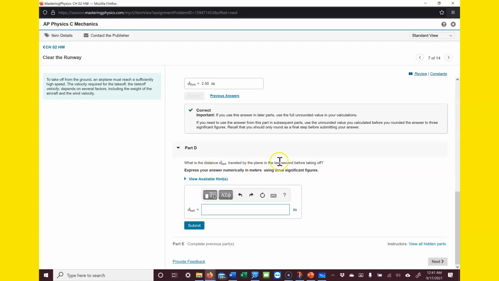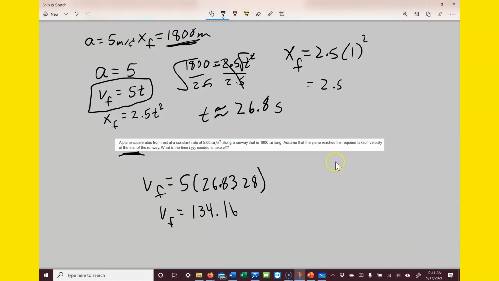What is the distance traveled by the plane in the last second before taking off? Okay. The last second. There may be more than one way to do this, and you might think of a better way than what I'm thinking of right now.